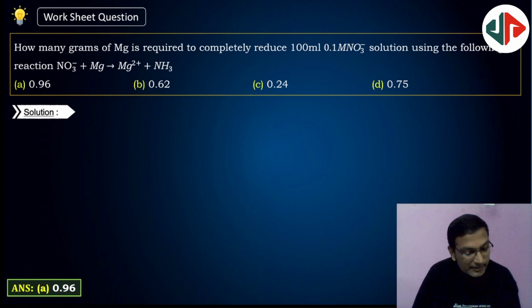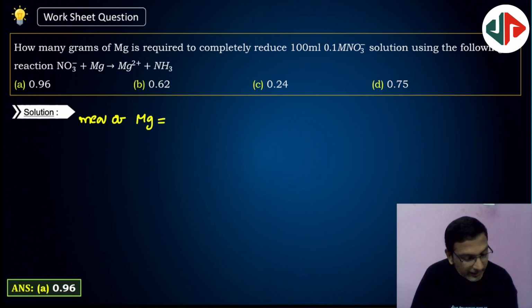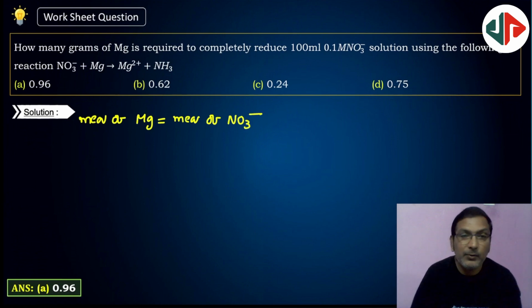So how many grams of magnesium is required to completely reduce 100 ml of 0.1 molar NO3 minus solution by using the following relation? So here we can write milli equivalents of magnesium equal to milli equivalents of nitrate ions according to law of equivalence.